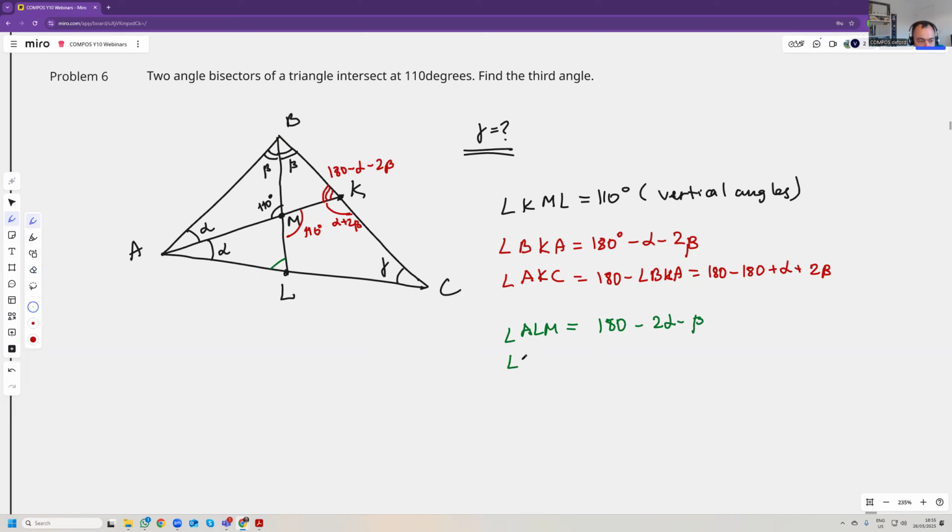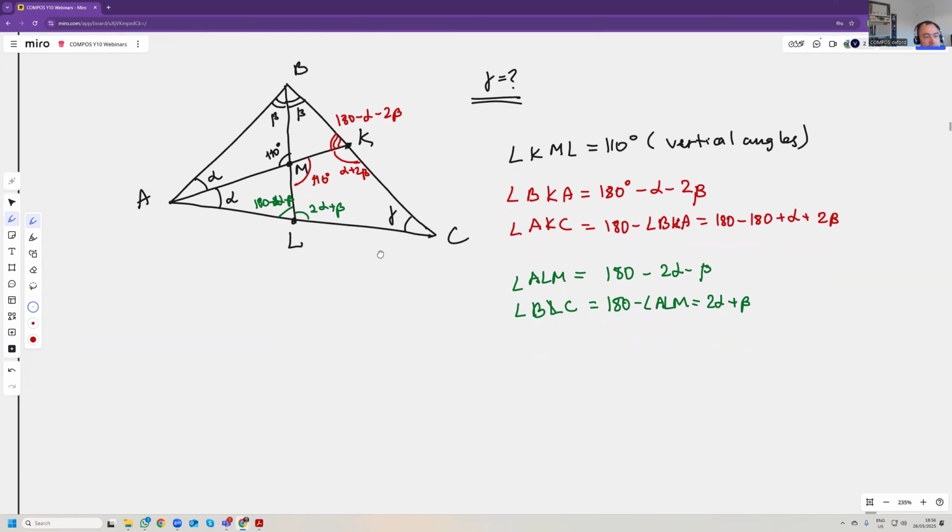And angle BLC, so this angle, is 180 minus angle ALM. So that is 2 alpha plus beta. Okay.